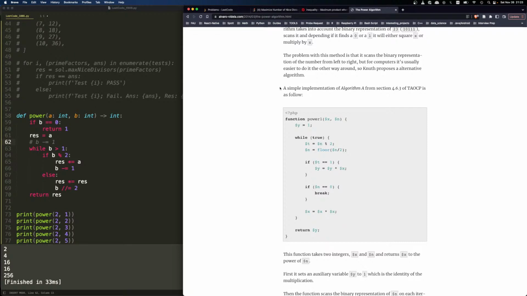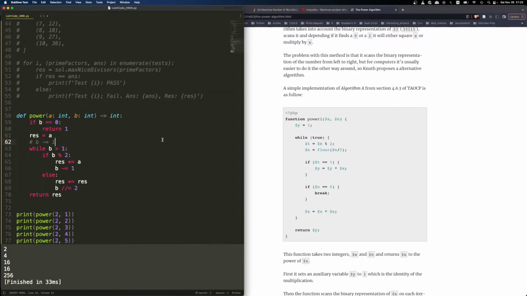Oh. Hold up. I'll change. Res is going to be 1.